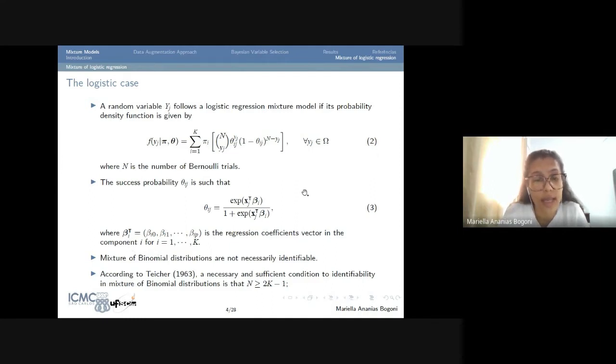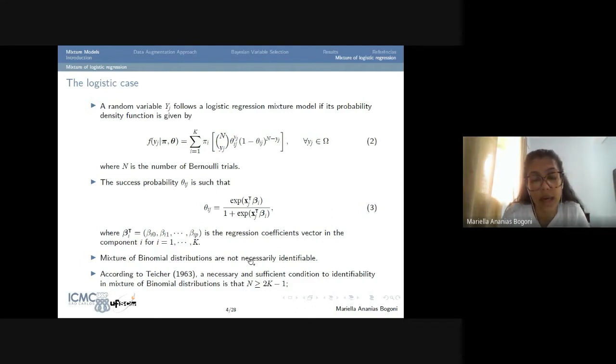Some of you may ask why I'm using the binomial distribution here instead of the Bernoulli distribution. The reason is that mixtures of binomial distributions are not necessarily identifiable. According to this article from 1963, a necessary and sufficient condition for identifiability of a mixture of binomial distributions is that the number of Bernoulli trials needs to be greater than or equal to 2 times the number of components minus 1.